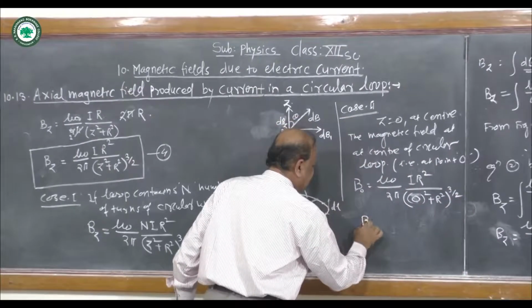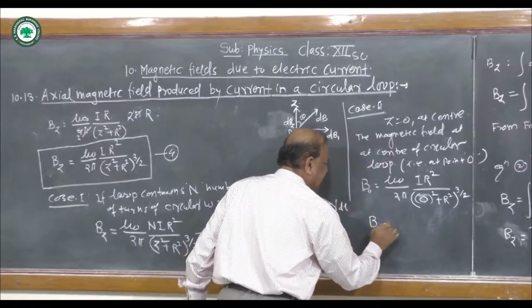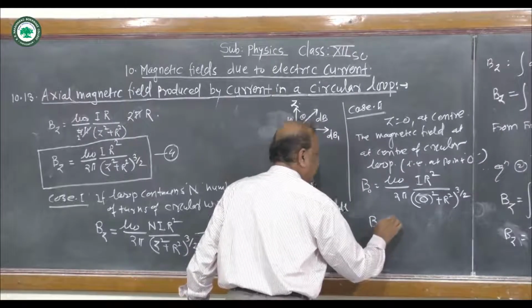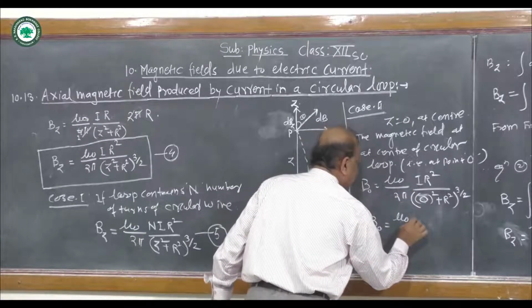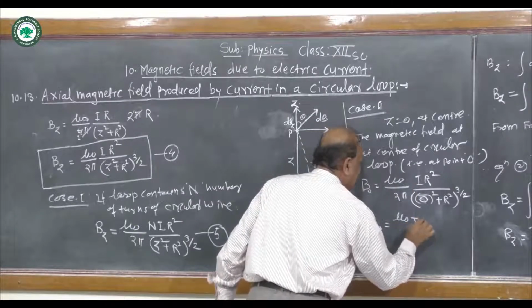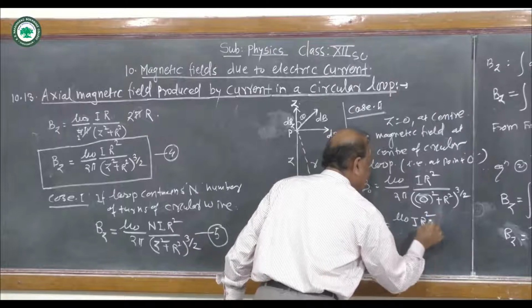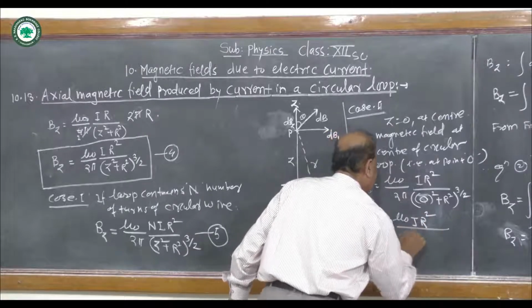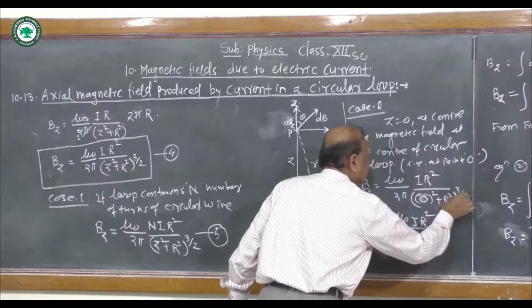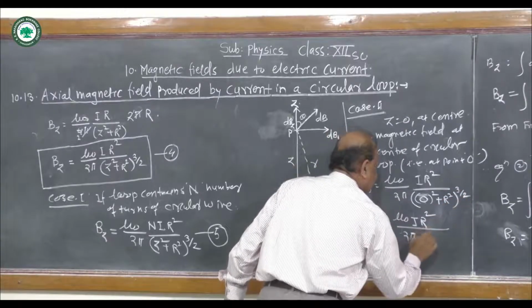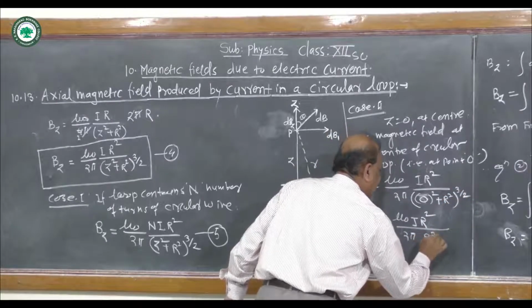Then this magnetic field at the center, B0, is equal to mu 0 I r square divided by 2 pi into r square raised to 3 by 2, then that value will be r cube here.